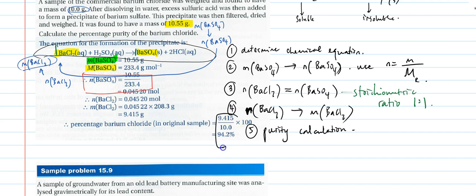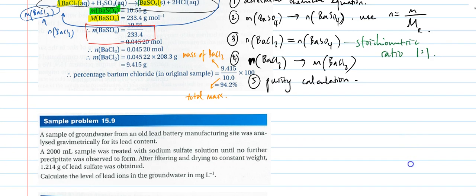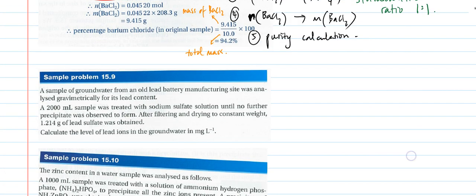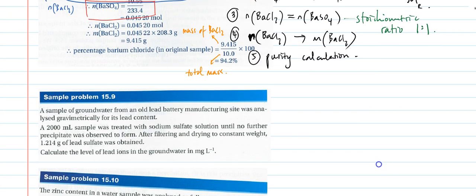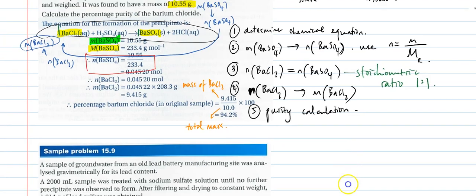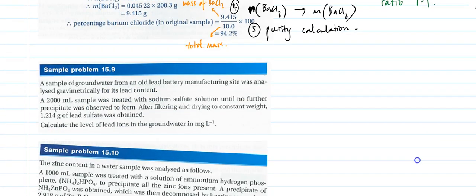So if you plug that into this purity equation here, this here is the mass of barium chloride. This here is the total mass. That gives us the purity. So we get a 94% pure sample there. Technical grade, not very good for synthesis, but that's what they do to work out their purities there.